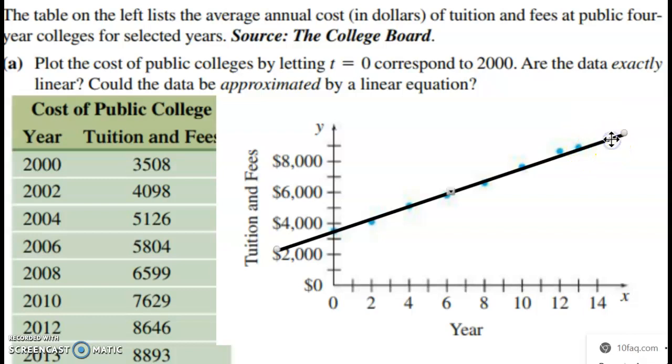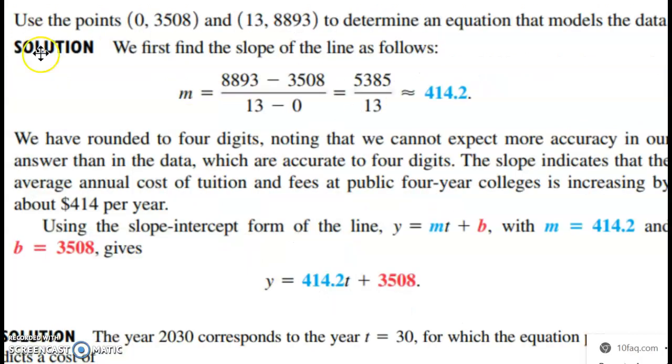I didn't quite go through that, but let's try that. They're going to use the first point and the last point, and then get the equation. We can find the slope by subtracting the y coordinates and subtracting the x coordinates. We get about 414.2.